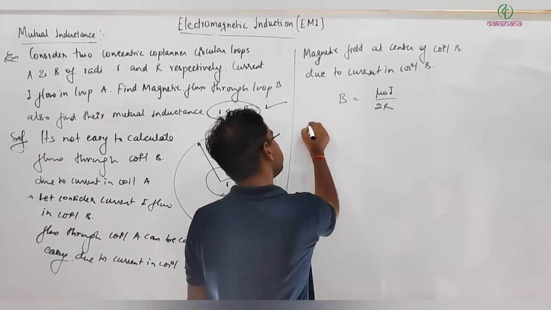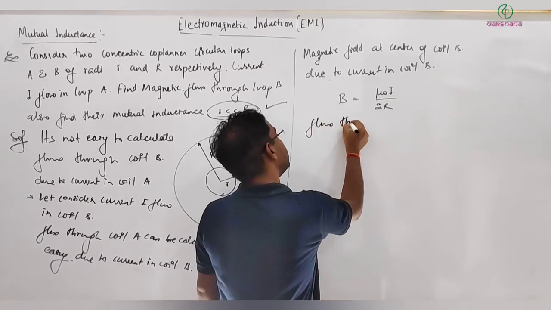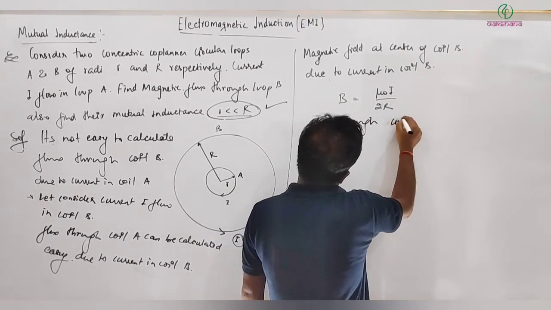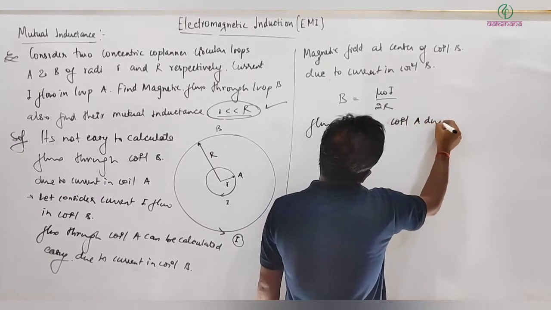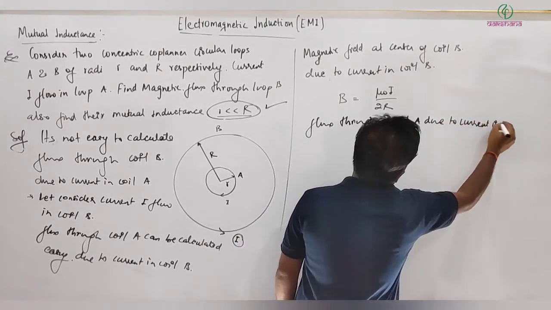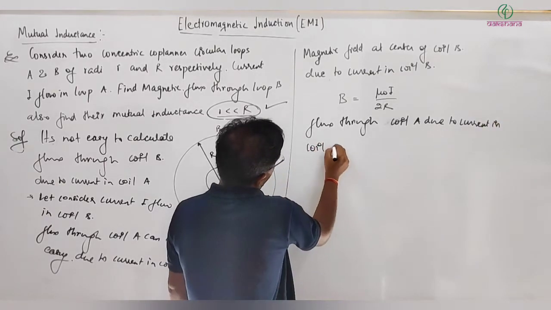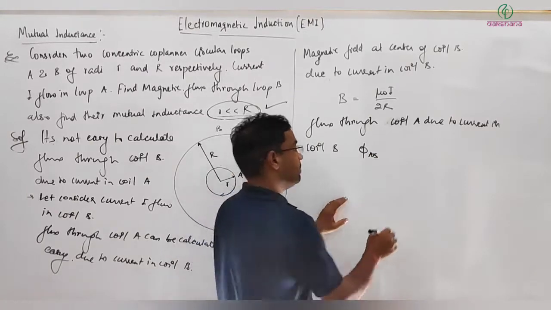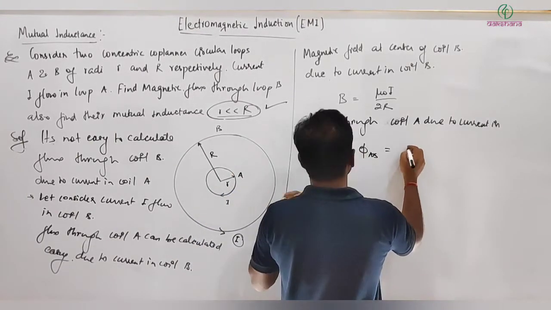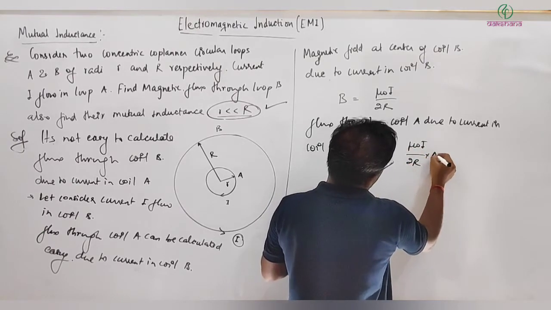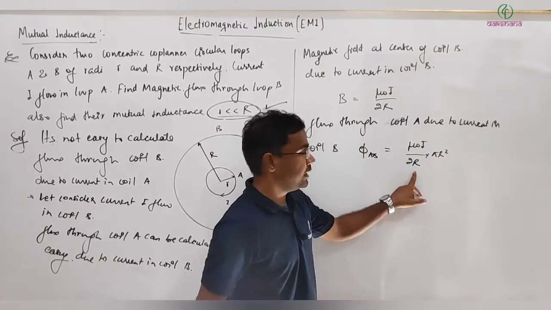So flux through coil A due to current in coil B is given by mu naught into I divided by 2R multiplied by pi small r square.